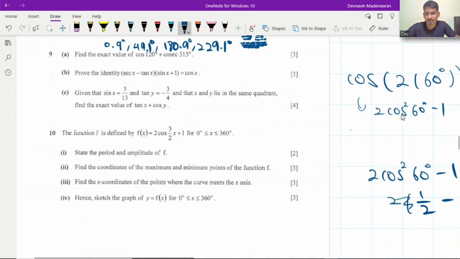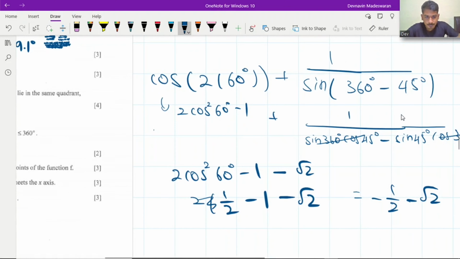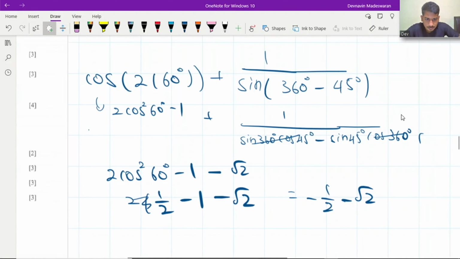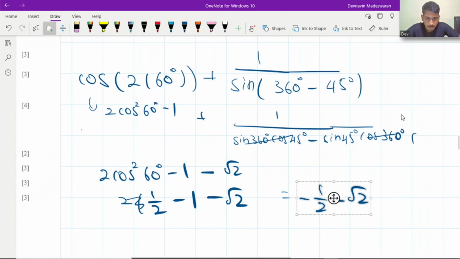Let's check if that's actually the answer. Cos 120 plus 1 over sine 315 is going to be negative 1.9 and so on. Negative half minus square root 2. Good, it's correct. So now let me copy.